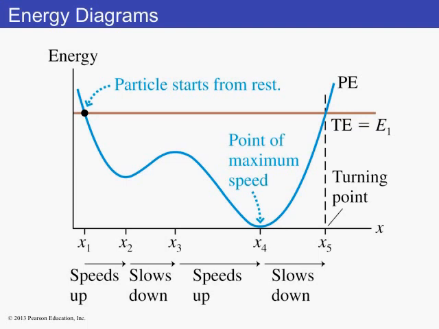From x4 to x5, the particle is losing its kinetic energy and increasing its potential energy until all its kinetic energy is gone, when the potential is a maximum equal to the total energy. With no kinetic energy, the particle stops and is forced back down the energy slope to repeat its motion. Thus, again, the turning points are where the total energy crosses the potential energy line.